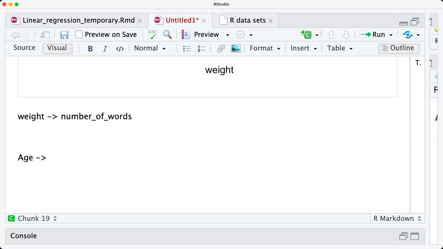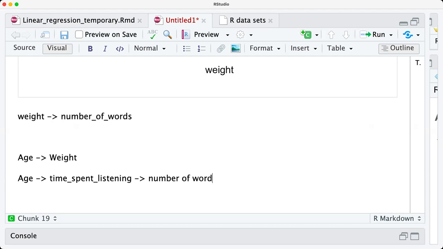Age influences weight, and age also influences the number of words, through, I don't know, time spent speaking, listening, etc. And then this influences the number of words.